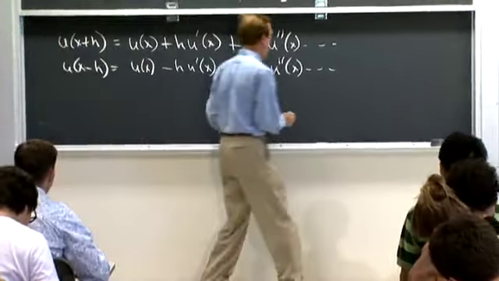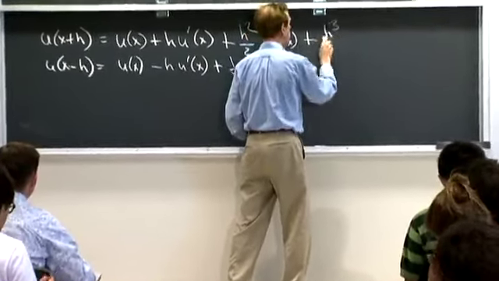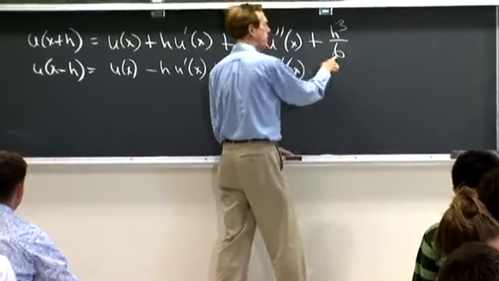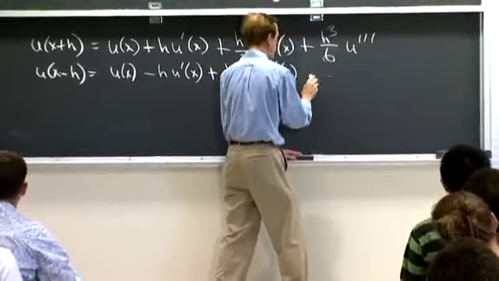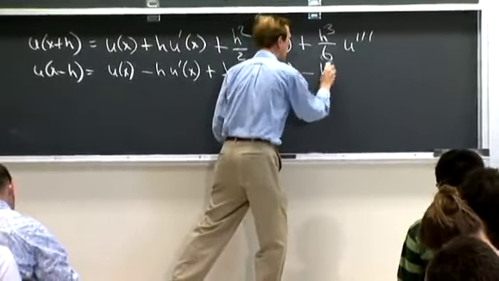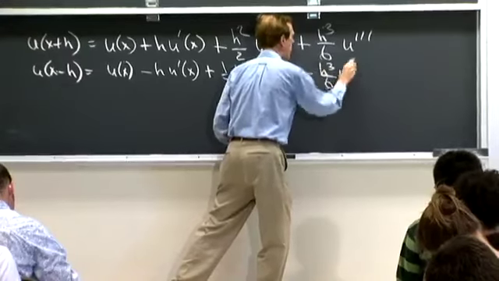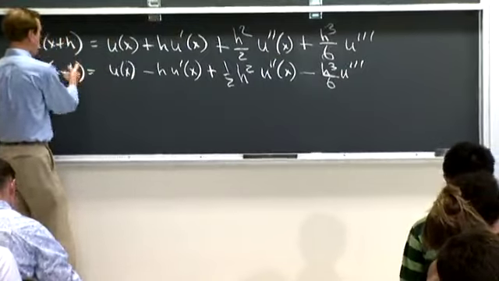I could tell you what the next term is. Plus h cubed on 6. That's 3 times 2 times 1, u triple prime. And this would be, since the step is minus h now, minus h cubed on 6, u triple prime. Okay, so what happens when I take the difference of these two?